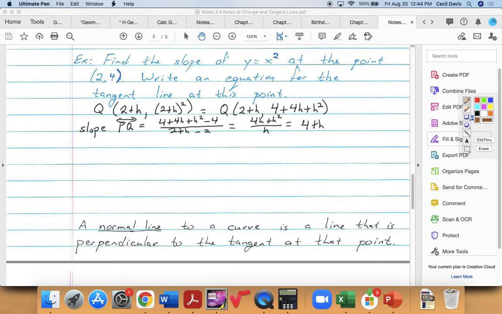So the slope of this line is equal to 4 plus whatever the horizontal distance is between them, h.